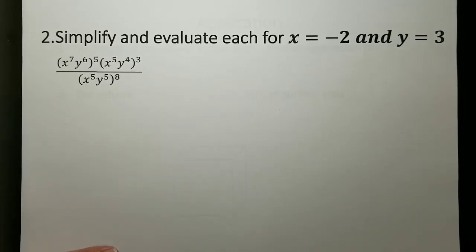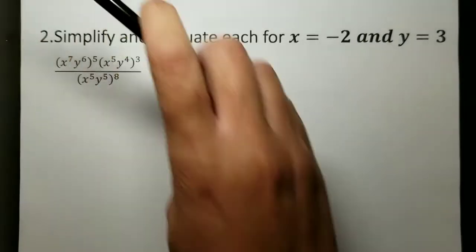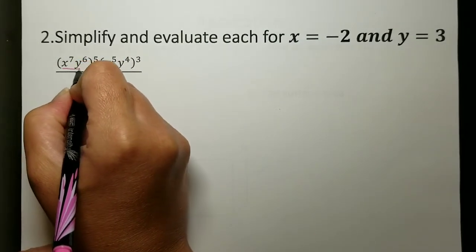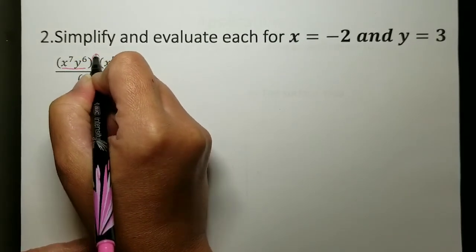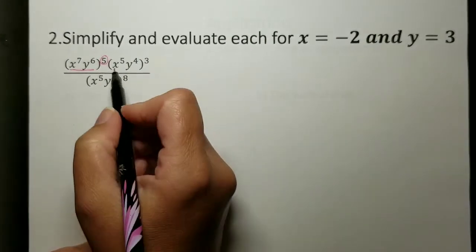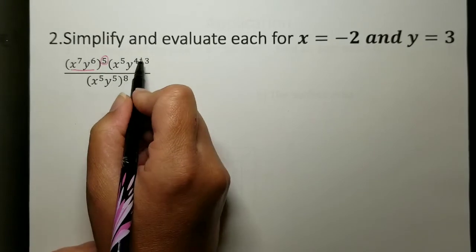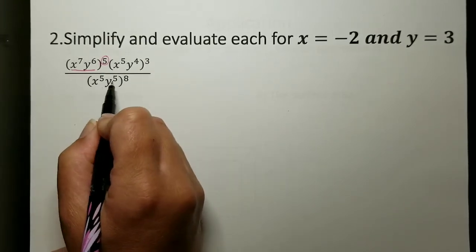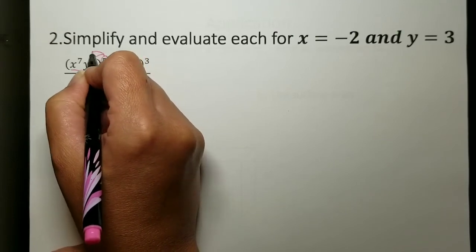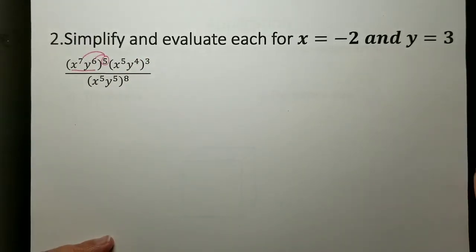So the first thing I'm going to look at: I have this bracket to this power 5. That's power of a power. And you can see that repeated with this bracket to the exponent 3 and the denominator bracket to the exponent 8. So I'm going to multiply using my power of a power rule.